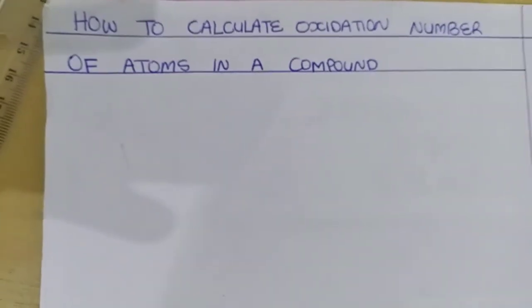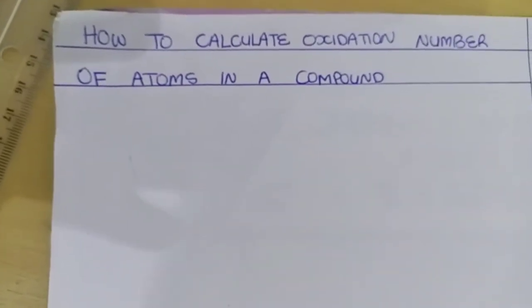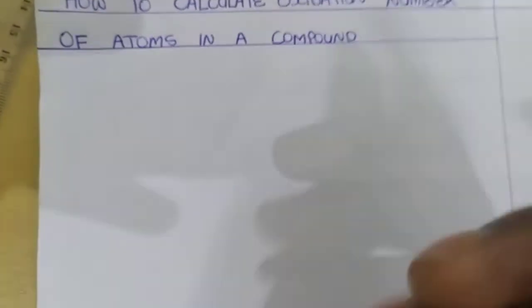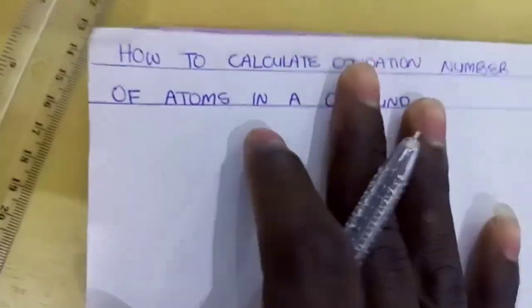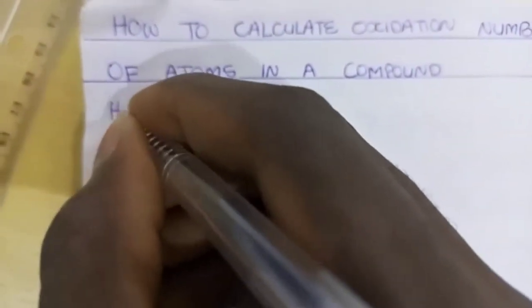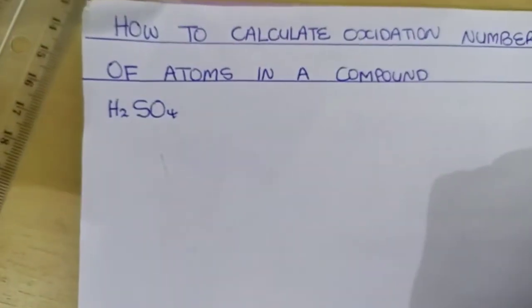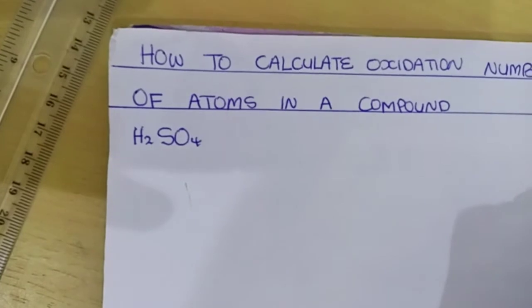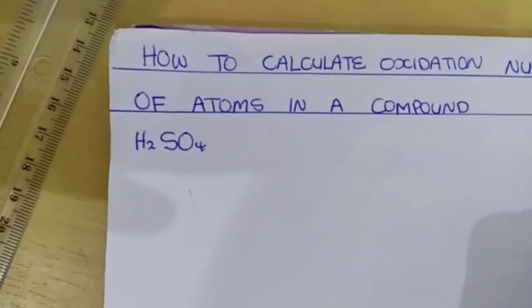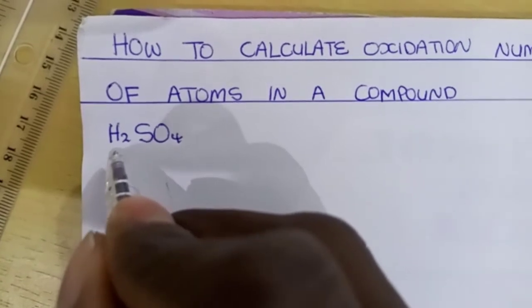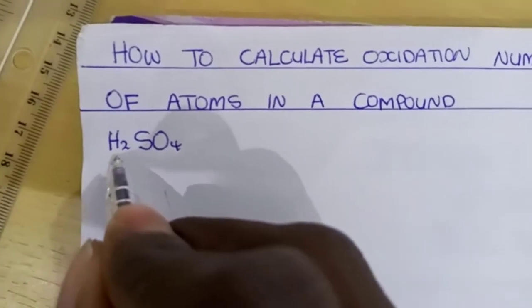So what we're looking at today is how to calculate the oxidation number of atoms in a compound. The first compound we'll be looking at today is H2SO4. Like we all know from our rules of getting the oxidation number of atoms in a compound, in most compounds the oxidation number of hydrogen is always +1.